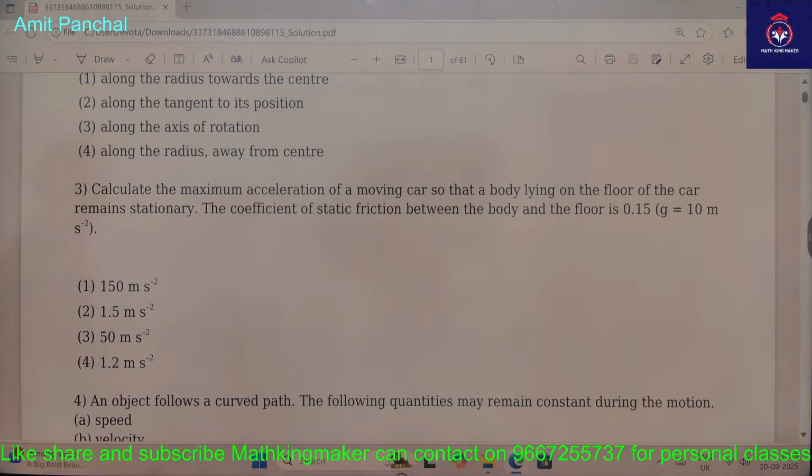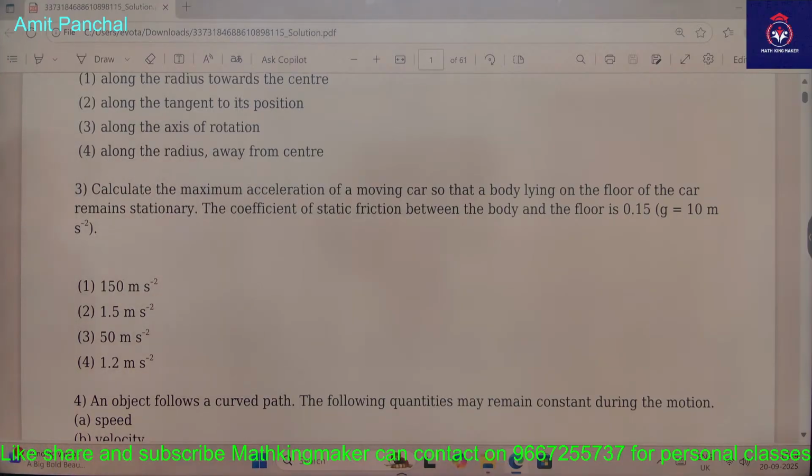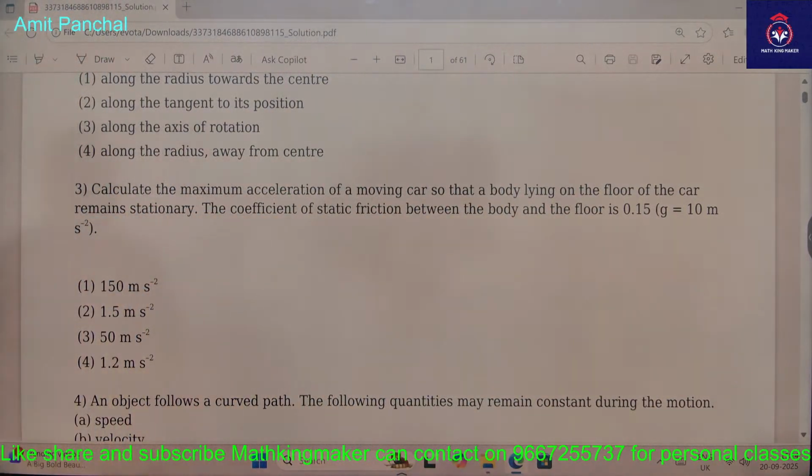Third one. Let's discuss the calculation once. Calculate the maximum acceleration of a moving car so that the body lying on the floor of the car remains stationary. The coefficient of static friction between the body and the floor is given.